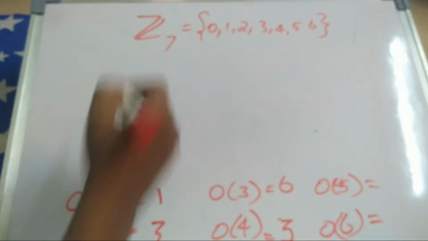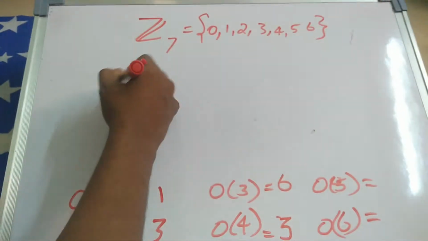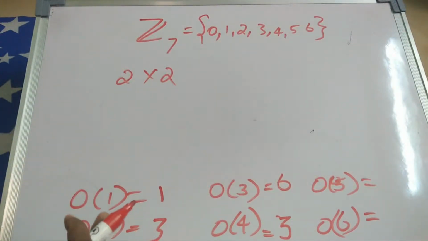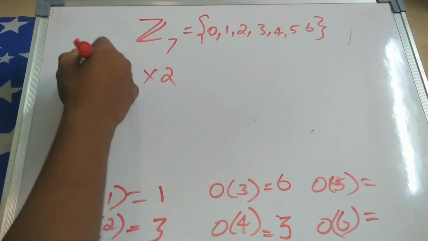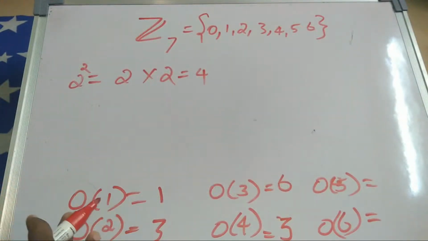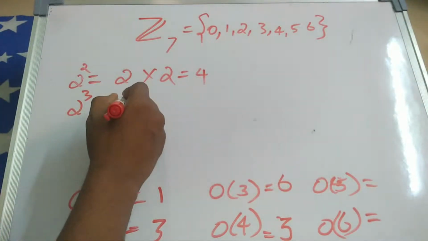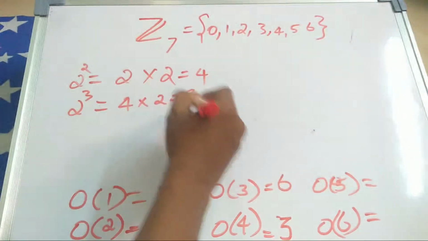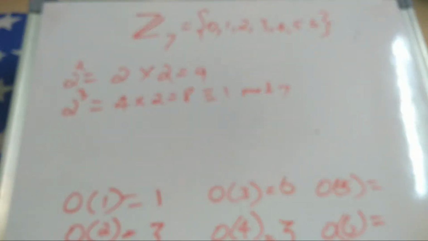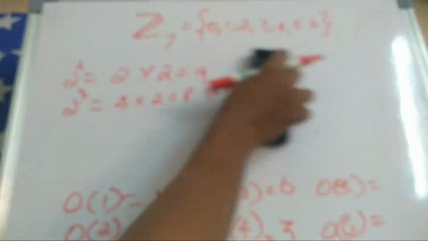So 1, obviously it is 1. So 2 with respect to multiplication modulo 7 is again 2. 2 power 2 is 4. Mod 7, we can't do anything. 2 power 3 is 4 into 2, 8. Mod 7, 1. So the order of 2 is 3. Fine. Now, everyone had an issue with 3, so we will do 3.